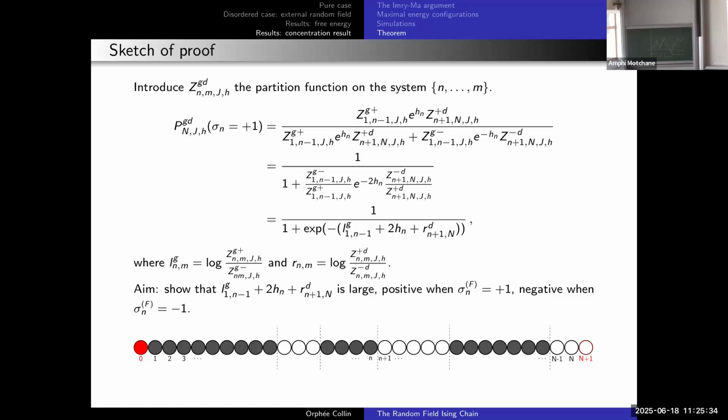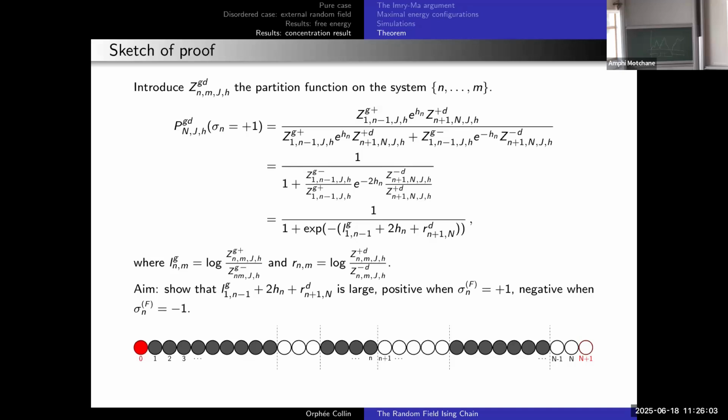So this is what I wrote in the numerator, and in the denominator you have the full partition function, which you can divide into the contributions given by those configurations which have sigma n equals +1, the same as the numerator, and the configurations with sigma n equals -1, and essentially you change plus into minus.